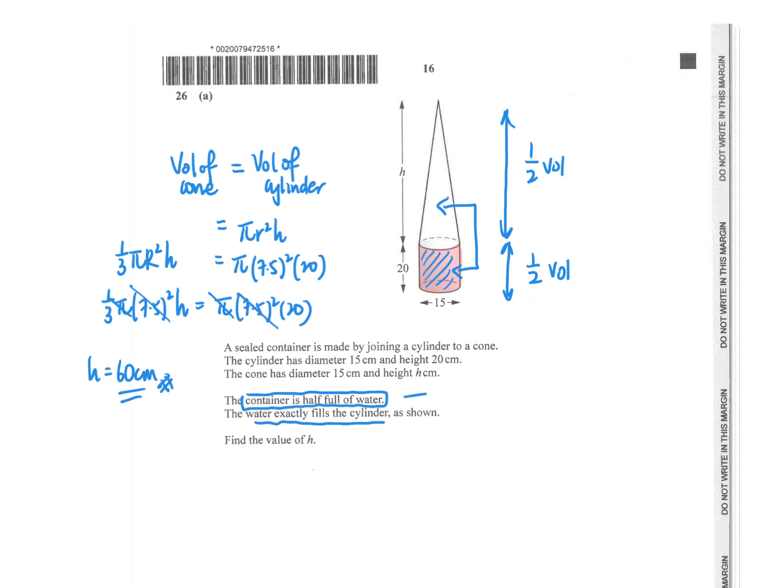Half filled meaning you only fill half of the container and only this portion is being filled. So half of the volume is equal to the volume of the cylinder, and the other half is the cone.